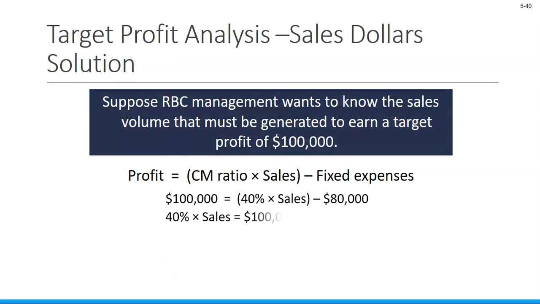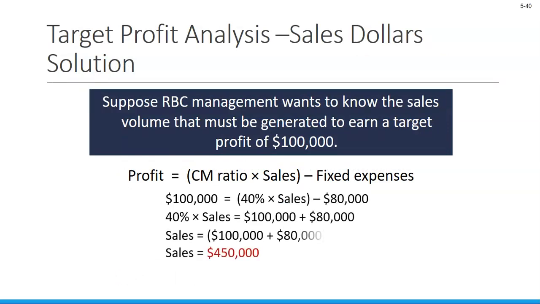We can also use our contribution margin ratio to determine how much we must generate in sales to hit that profit. So we can either do it in the equation like this, or we can use the other equation with our contribution margin ratio. That's on the next slide. So we have a 40% contribution margin ratio, which is calculated by the contribution margin divided by the sales price.